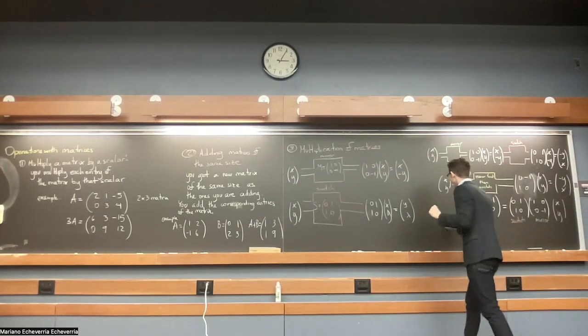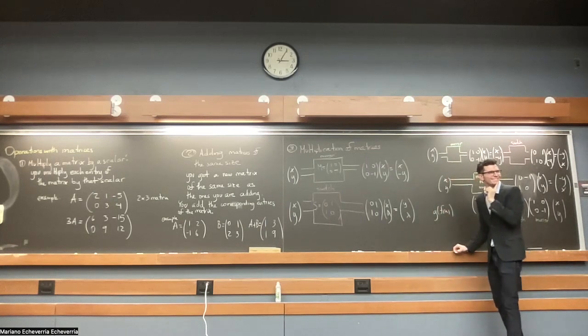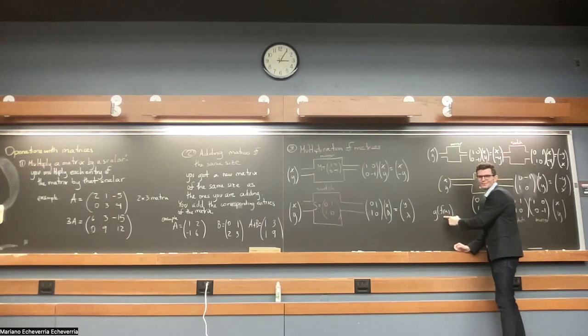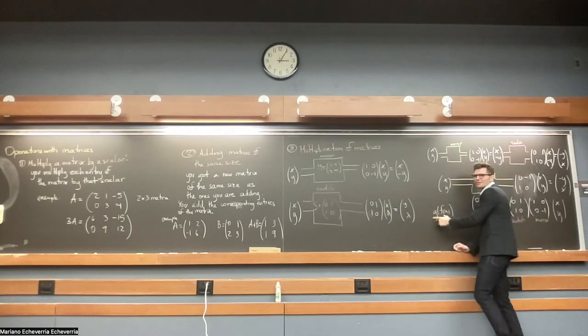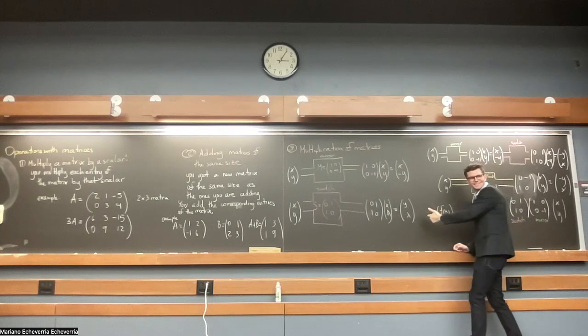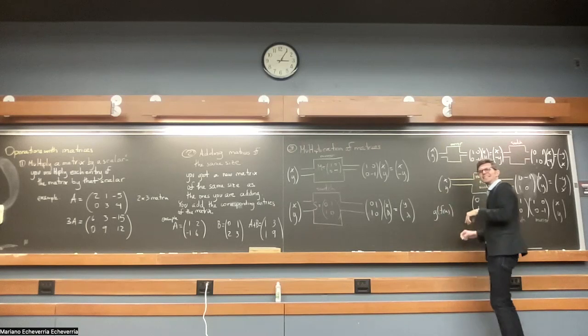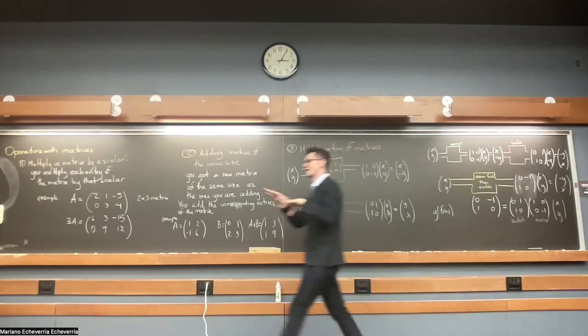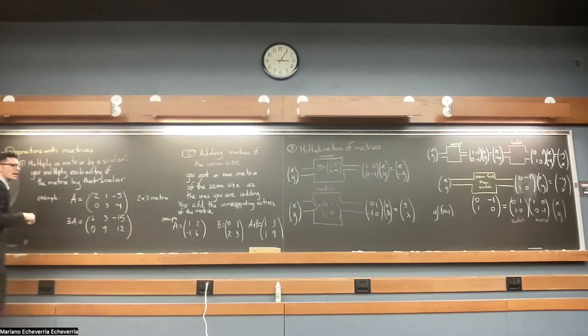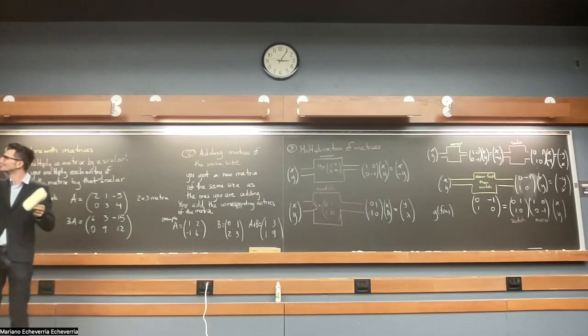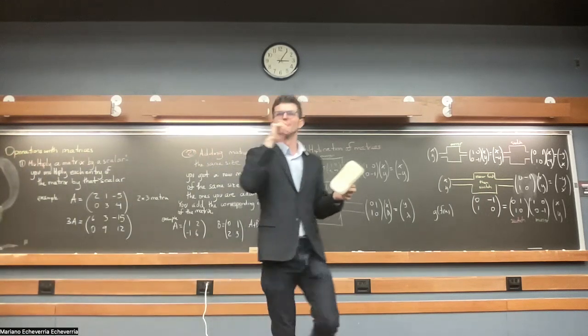If you say g of f of x, I don't know how many remember this, it means you apply the function f first to x, and then whatever you get, you apply the function g to it, which is the opposite of how you would read this, because this reads like g followed by f. You might say it should mean do g first and then f, but it's the opposite. It is an unfortunate accident that it doesn't match our conventions. But I believe in Hebrew or other languages, you do read from right to left.